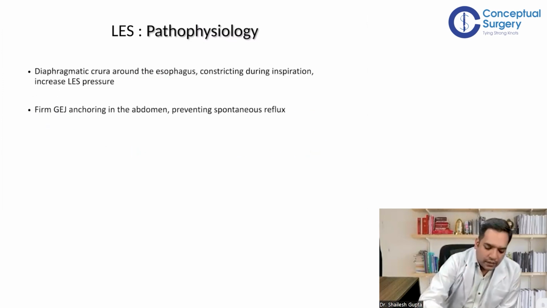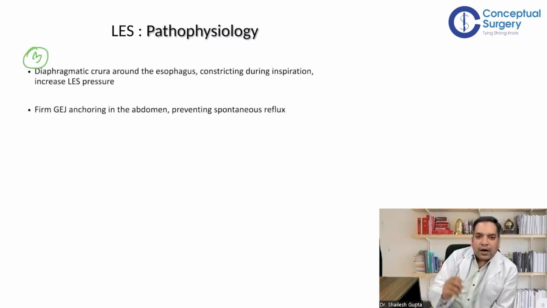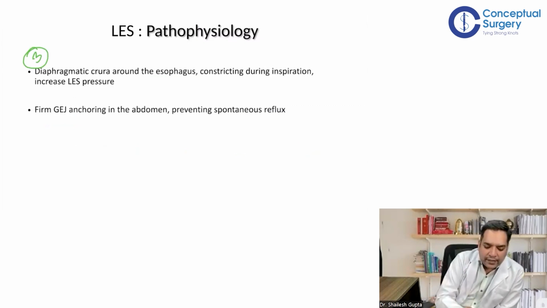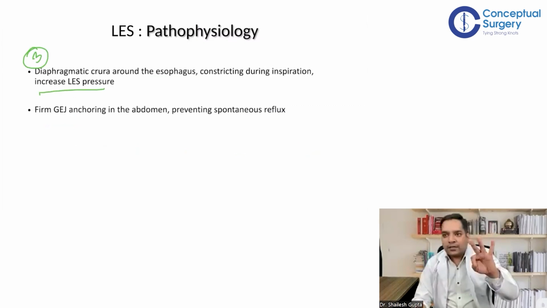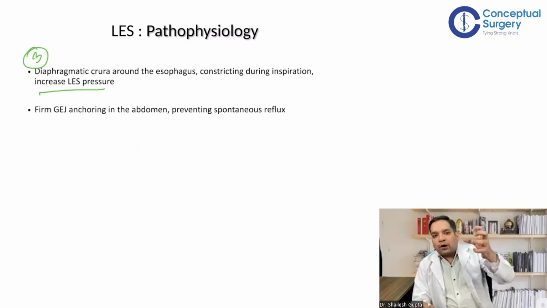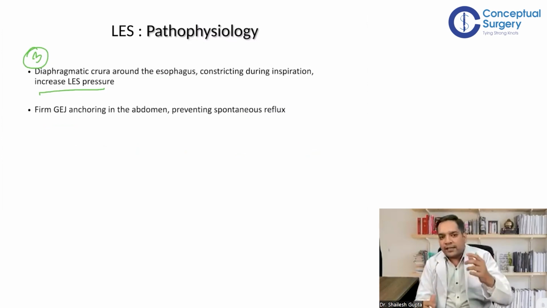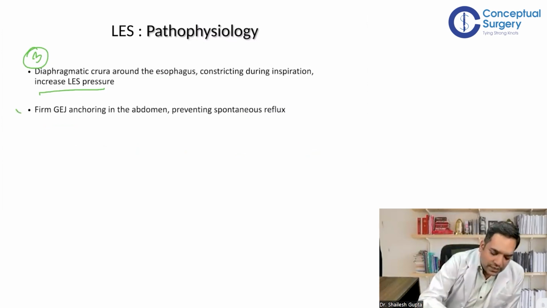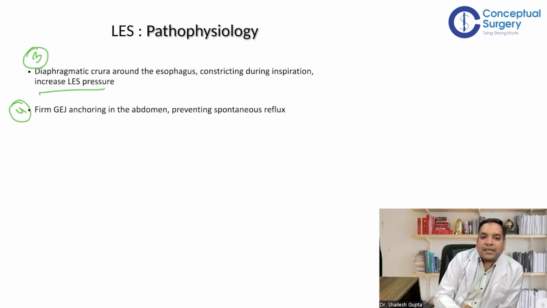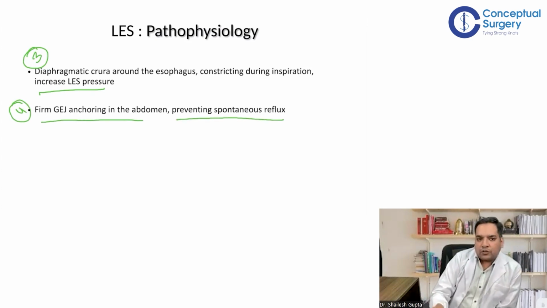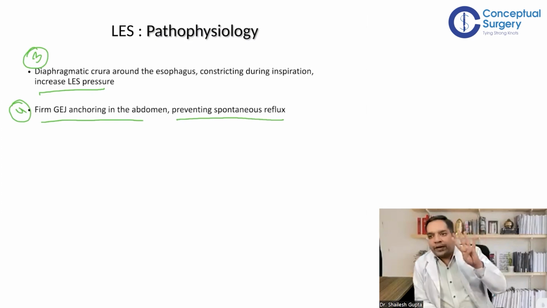Number three, the diaphragmatic crura around the esophagus constrict it during inspiration, increasing the LES pressure. Number four, firm anchoring of the gastroesophageal junction in the abdomen prevents spontaneous reflux.